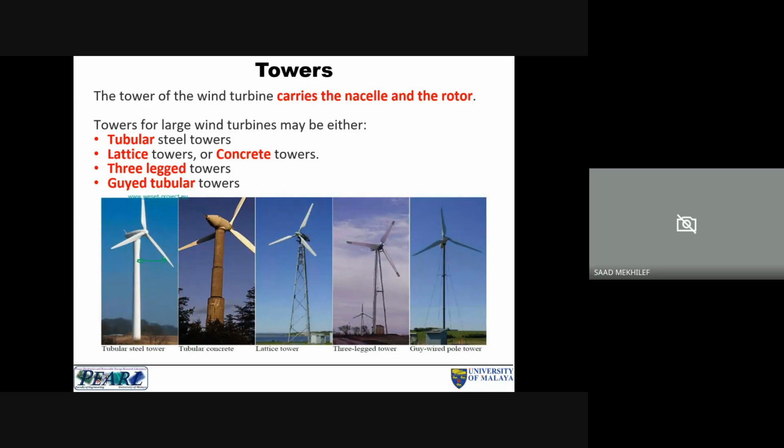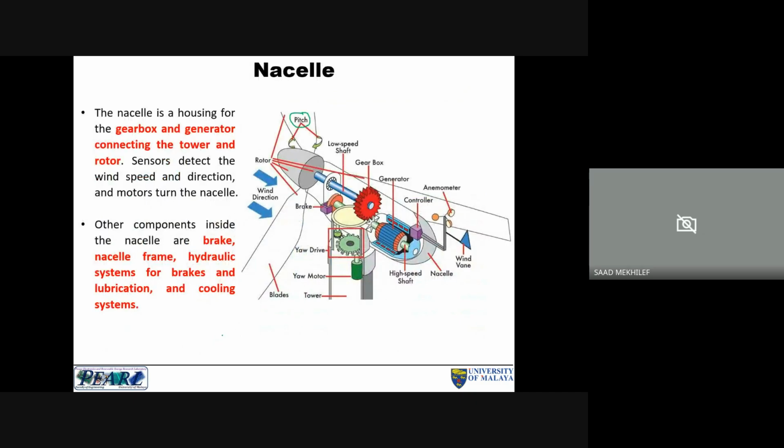So adjusting the angle, this angle here, makes the surface interaction between the wind and the blade less, and that may protect the wind blades and the wind turbines. This is actually the pitch control.